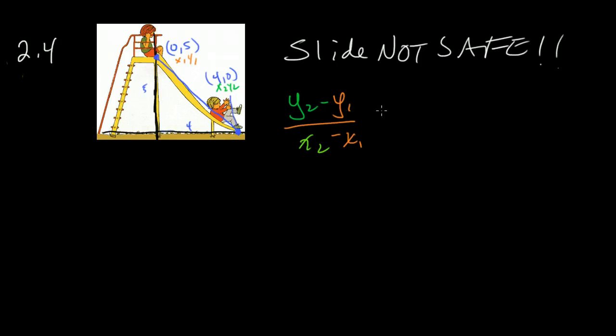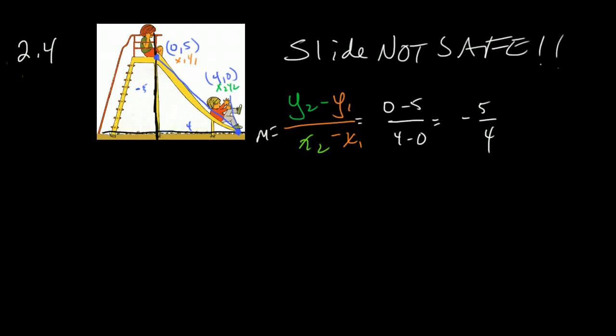In other words, this is y2, 0 minus 5 over, this is our slope, 0 minus 5 over 4 minus 0, which would be negative 5/4. So basically we had that here. We went down 5 and over 4.